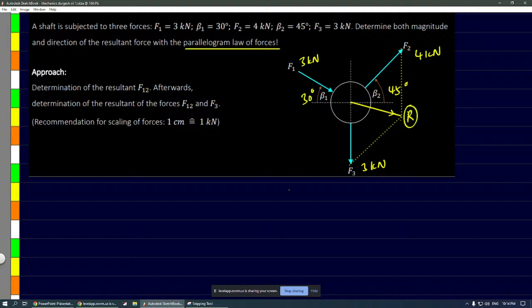Then this resultant and this F1 force, we have to find the resultant for those two. Let's first find this. Now, what is the included angle for these two forces? It's 45 plus 90. So the resultant is the square root of 4 square plus 3 square plus 2 times 4 times 3 into cos of 90 plus 45, right?